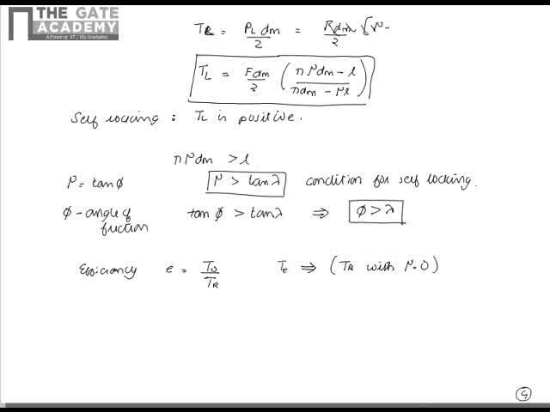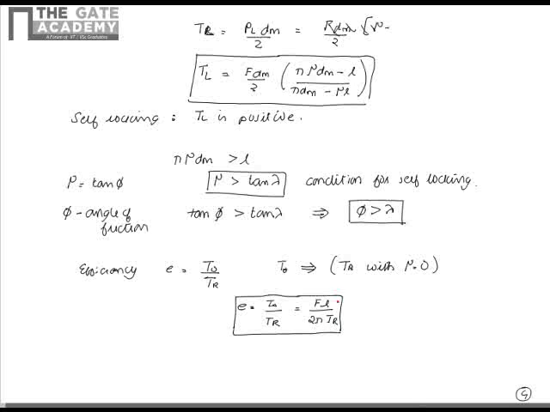That is given as TO, and TR is the torque required to raise the load under general circumstance. So the efficiency E is equal to TO by TR, that is equal to FL by 2 pi TR. This is the efficiency of the power screw, where F is the load, the weight of the component to be raised, L is the lead of the power screw, and TR is the torque required to raise the load.